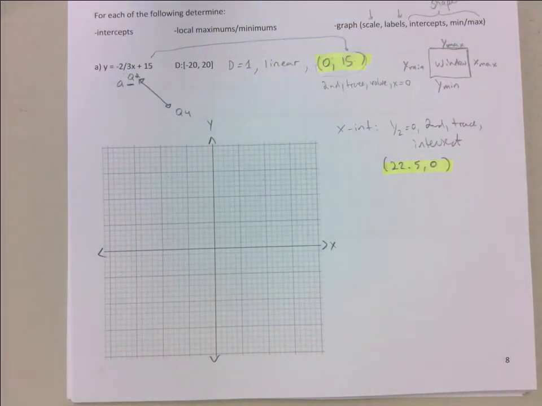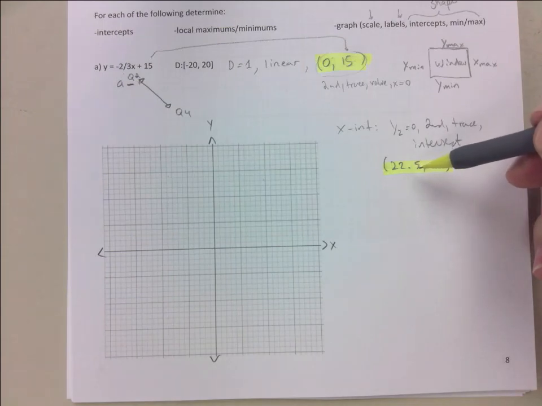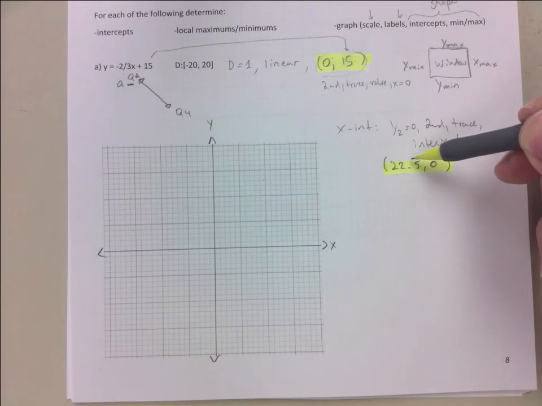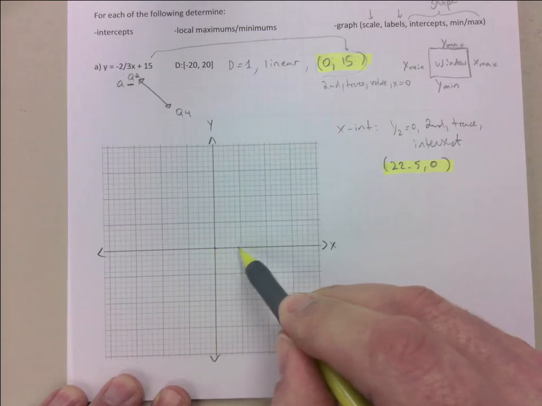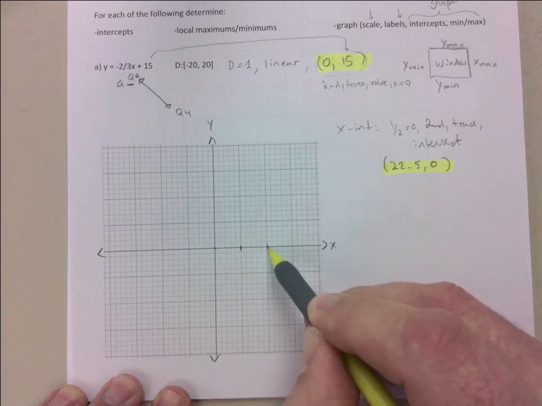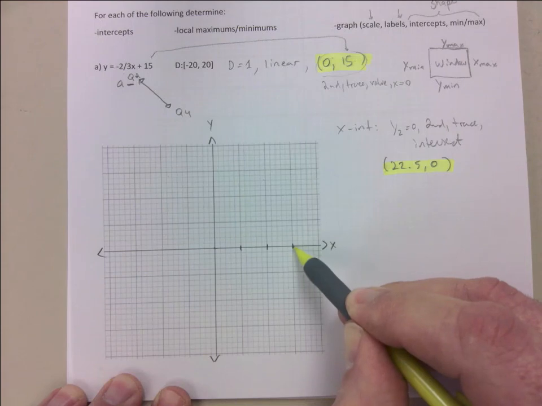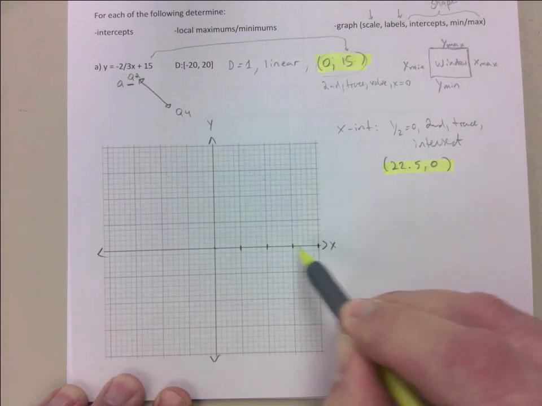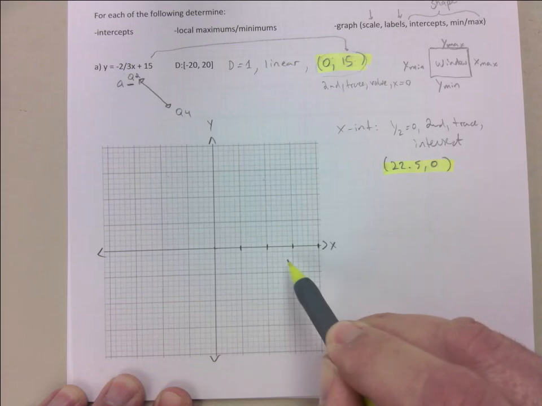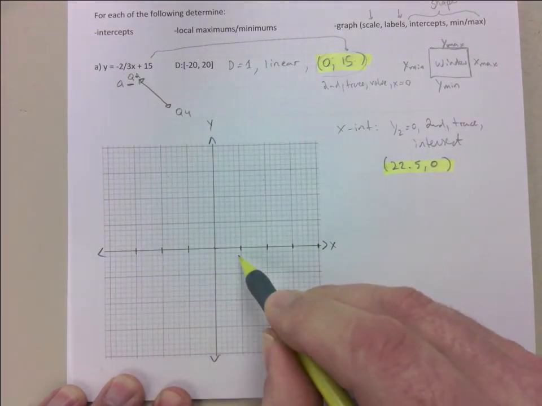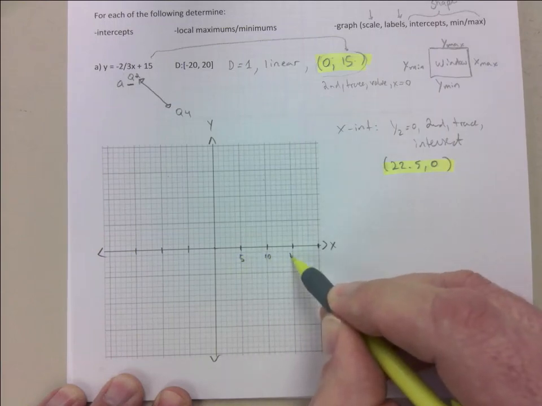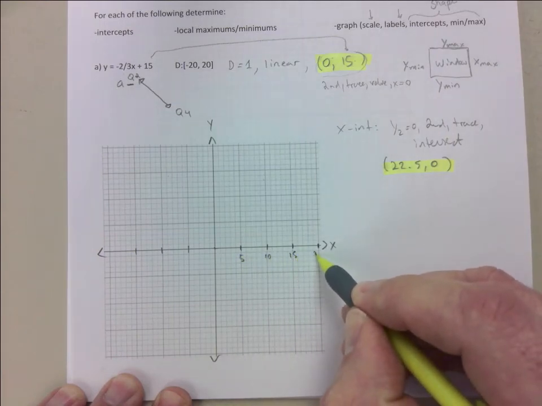I need a scale. I need to fit x. The highest x value is 22.5. So watch this. I'm going to start at 0 here. This is going to be 5, 10, 15, 20, 25. That works very well for me. So I'm going to stick with that scale along the x-axis.